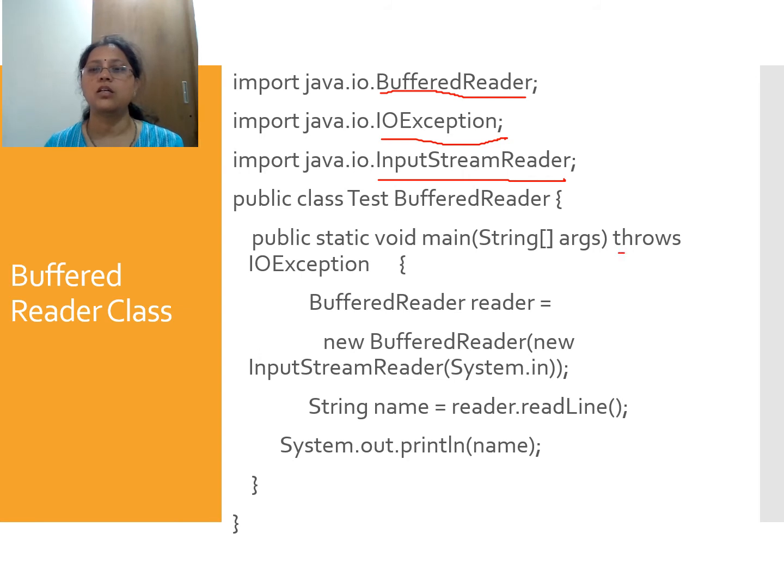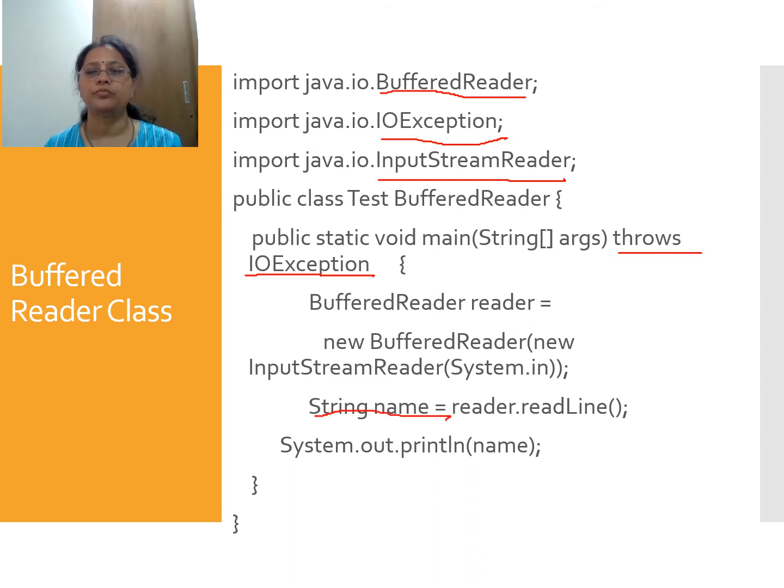It is necessary to use throws IOException. So for the BufferedReader class, the object created is reader. And to BufferedReader, we pass the InputStreamReader, which is one more class, and to this InputStreamReader, System.in is the parameter.